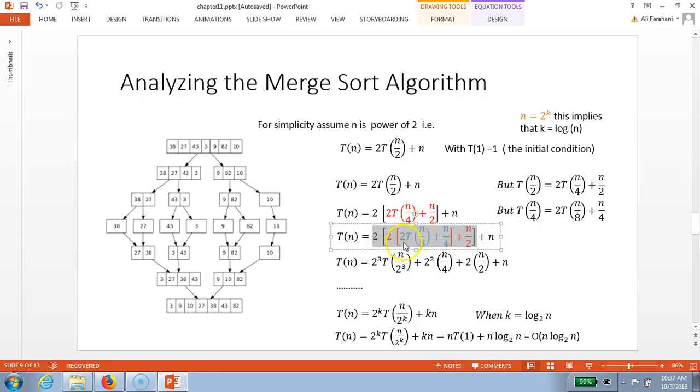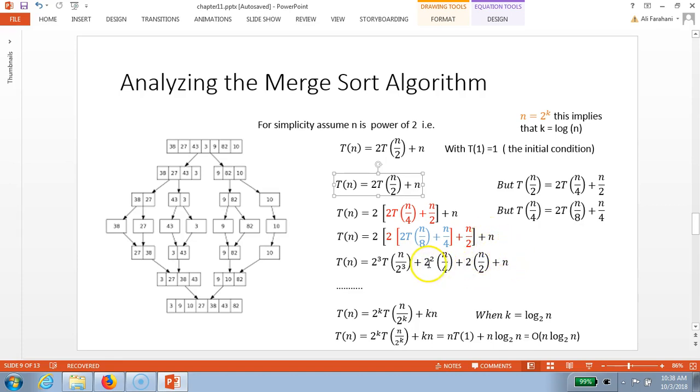And algebraically, you'll notice that this expression simplifies to 2 times 2 times 2, which is 2 to the 3, t of n over 8, which I can write as n over 2 to the 3, since 8 is 2 to the 3. Plus, the 2 here and this other 2 here are both multiplied into n over 4. So I have 2 to the 2 times n over 4, and then I have this outer 2 multiplied by n over 2, so I have 2 times n over 2, and this n sits right there.